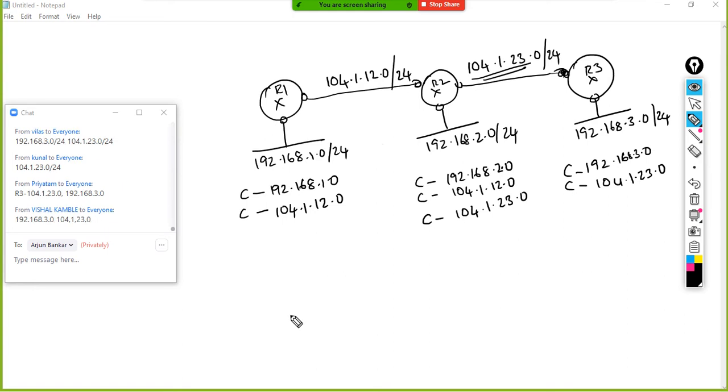Now help me out, guys, everybody has to help me out. As per router 1, the known networks are 192.168.1 and 104.1.12. So these two networks are the known networks. And what are the unknown networks, guys? Can you please type for me there?